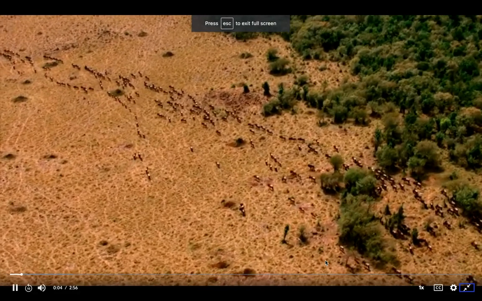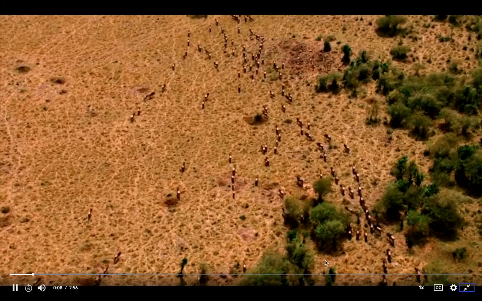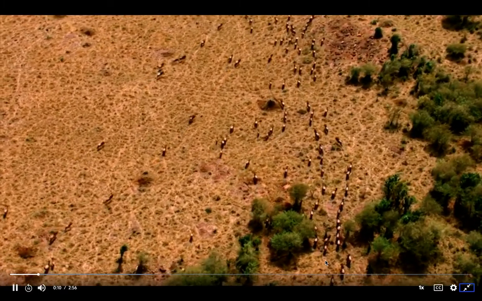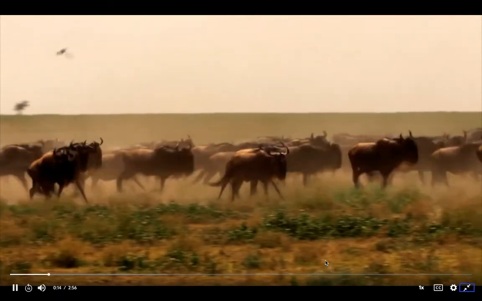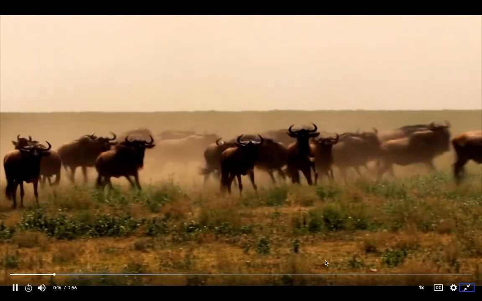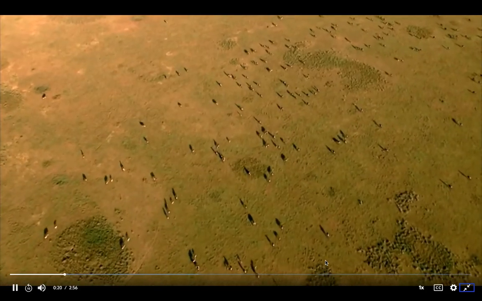For the next 3 years, Tony keeps a close watch on the wildebeest, looking for signs they're overgrazing the grasslands. But after 2 more counts, numbers remain steady at 1.4 million.